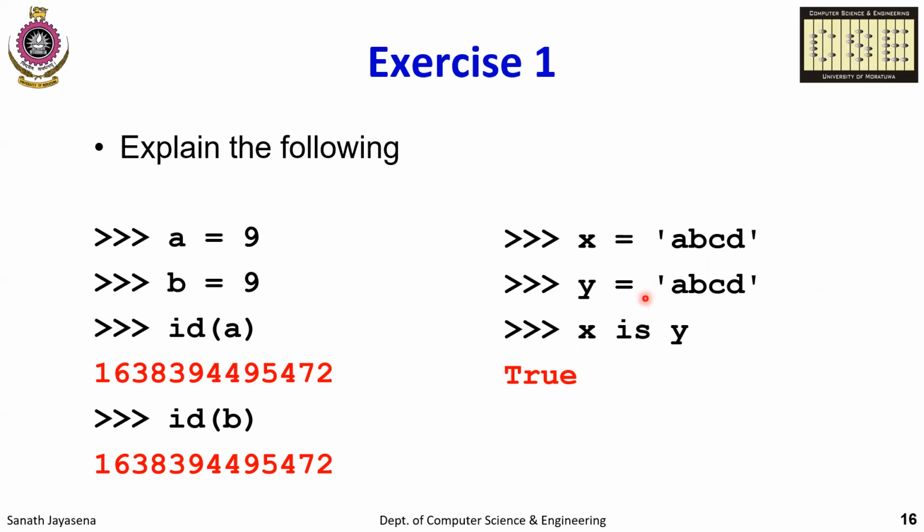Up to some point, you will realize that their identities are the same and you get the true value here. But at certain points, you will see that for certain strings, it will be different. Just try to identify what kind of strings give the false result, or what kind of integer values give different identities. That's your exercise.